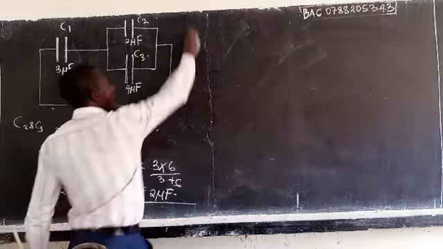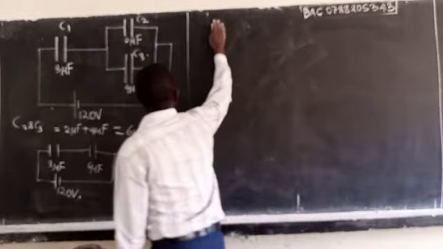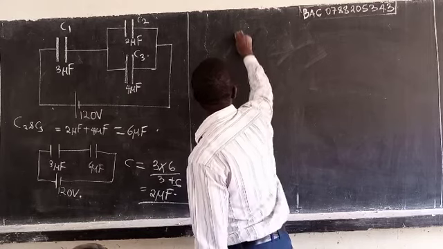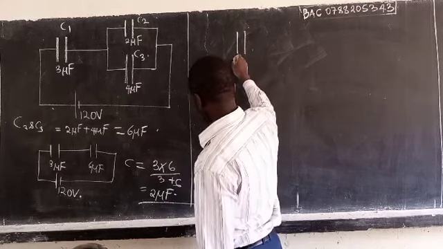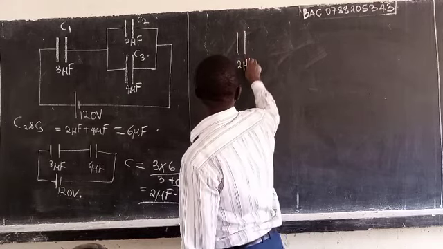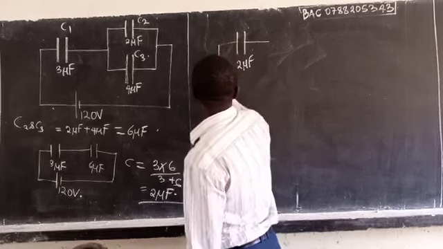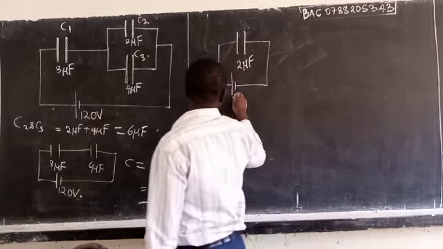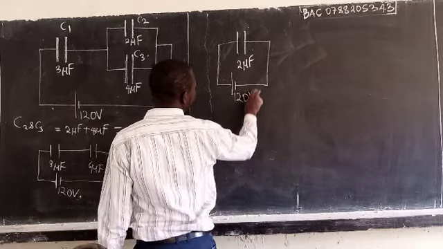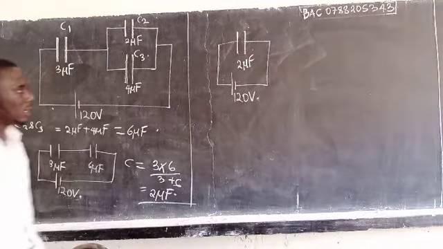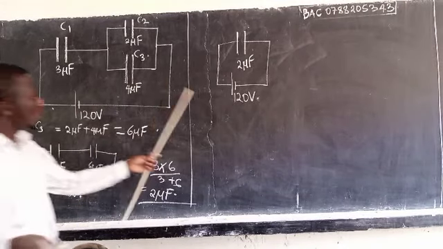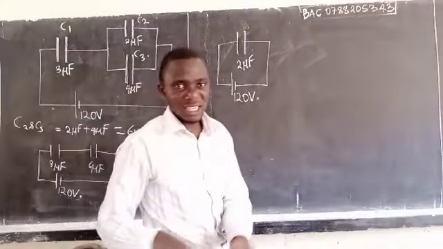This is similar to an arrangement which has just this capacitor of 2 microfarads, connected across 120 volts, and we want the charge and the PD. So how do we do it? Can we get the total charge stored?